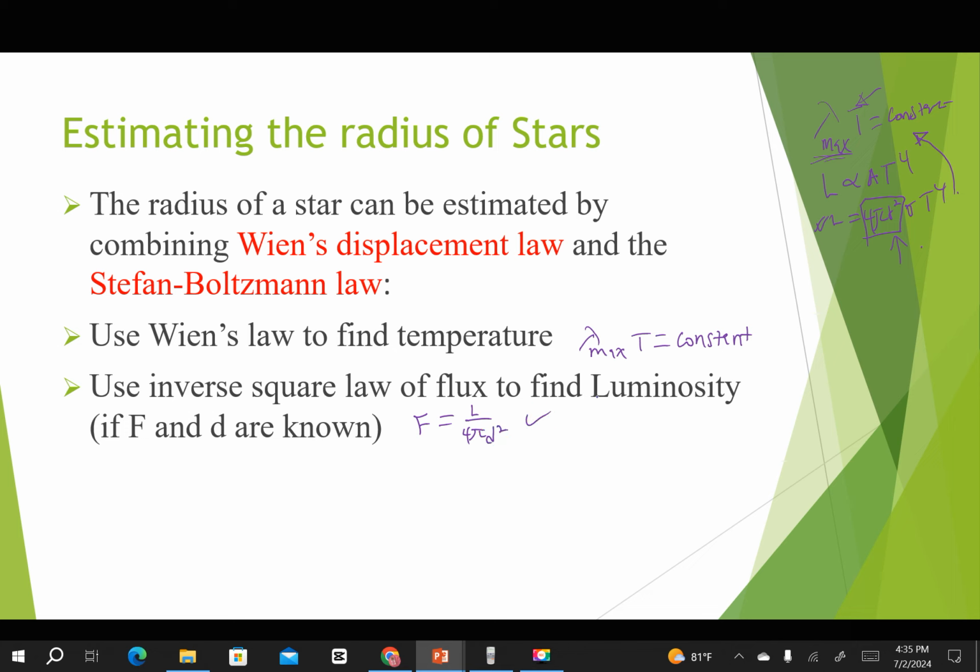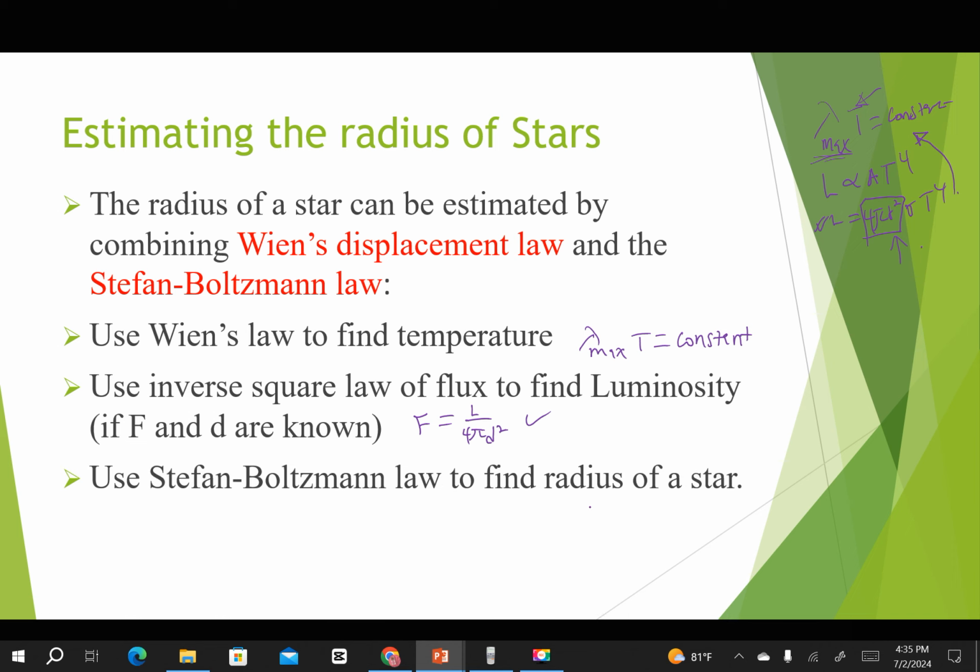So we use it to find the luminosity L of the star. The last thing is to use Stefan Boltzmann's law to find the radius of the star, where L is equal to 4 pi r squared times sigma times T to the power of 4.